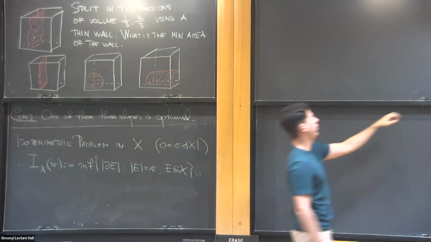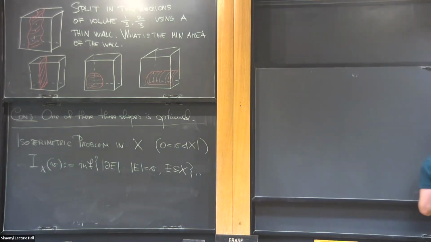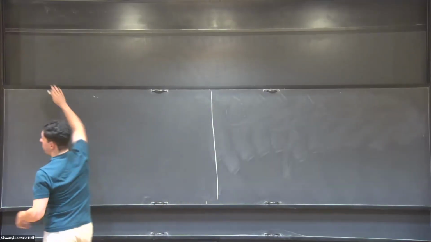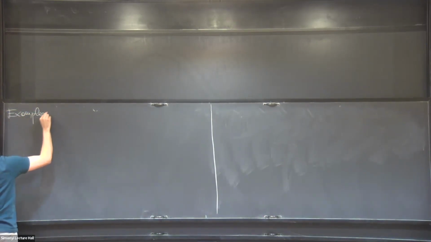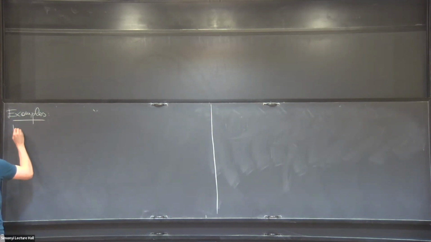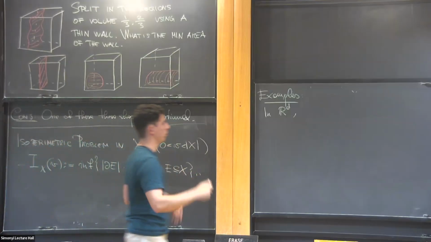Okay, let's visit some examples that will help us understand a bit better what's happening also in the cube. These examples are very well known, but they are not trivial in any sense. For example, let's start from R^d. In R^d, you can pose the same question: among sets with a given volume, which are the ones minimizing the boundary?